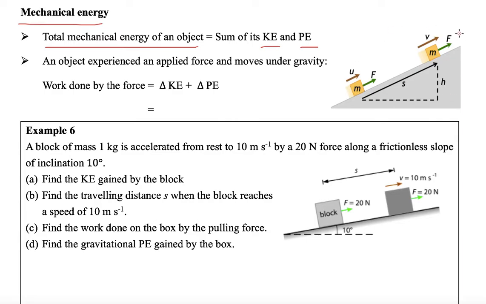Using this figure as an example, if you apply a force to that object, to the block here, and it moves under gravity, if the velocity of this block changes, and if the vertical position of this block also changes, then the work done by the force would be the change in KE of the block plus the change in PE of the block.